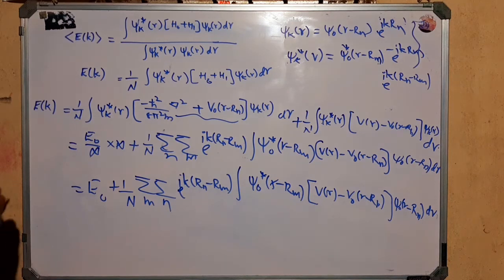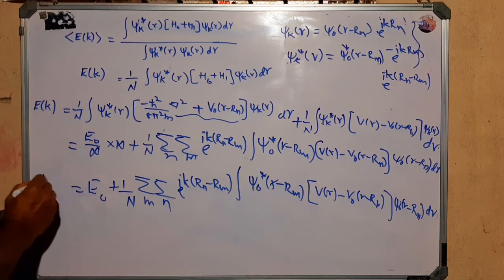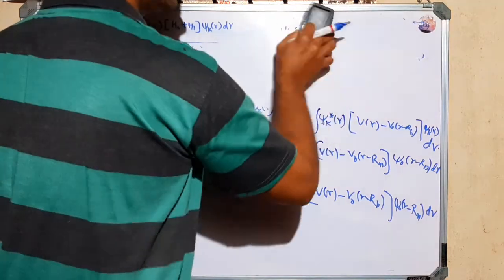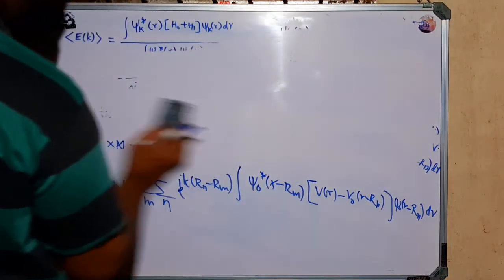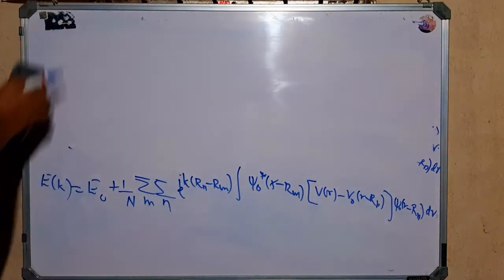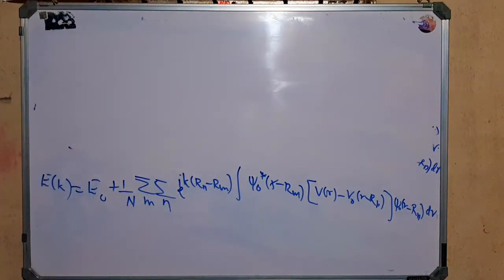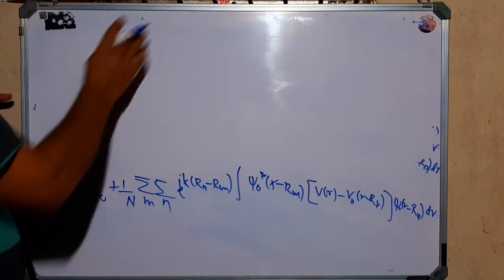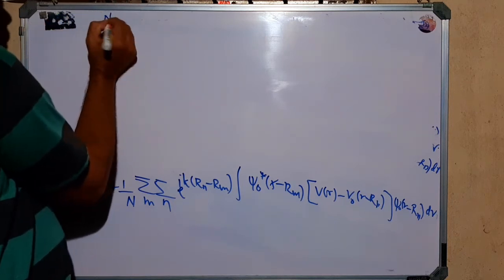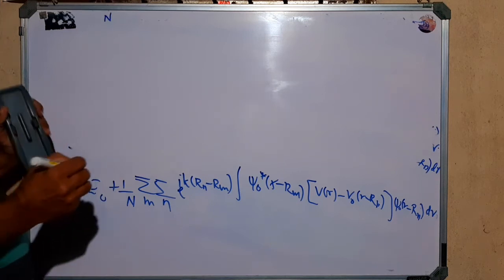Now how can we simplify E of k further? For this, consider this expression. For simplicity, we have considered that there are n number of identical atoms.